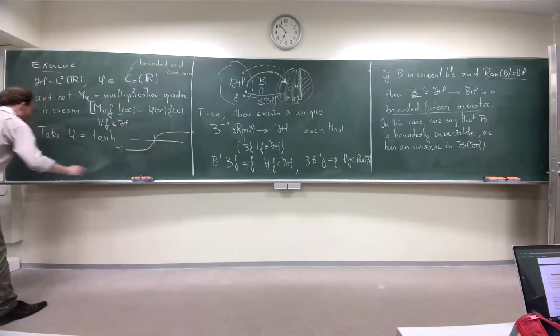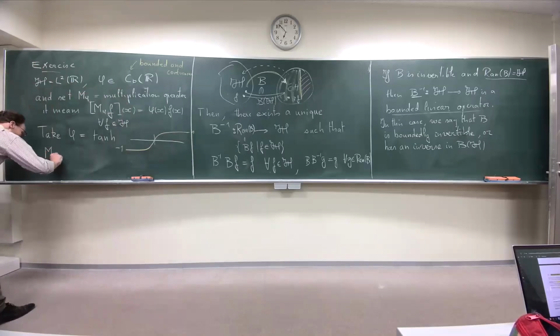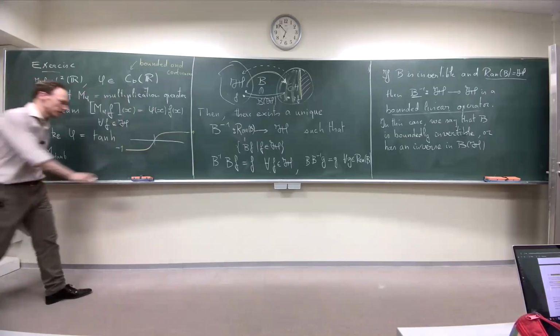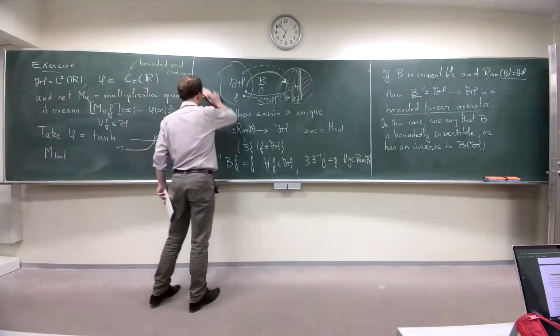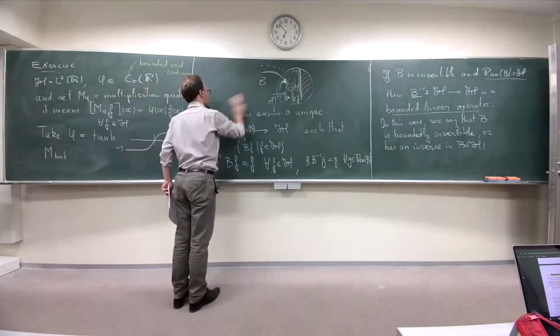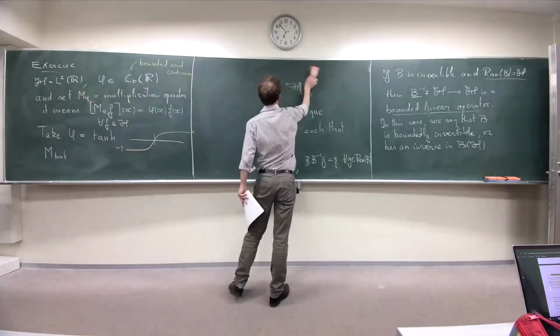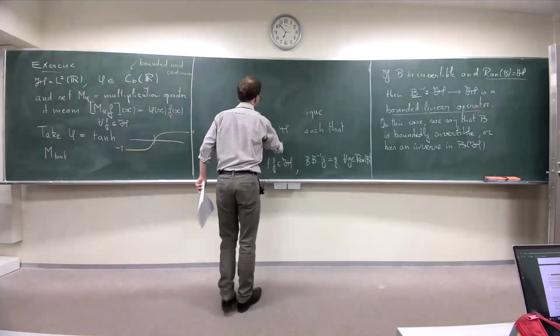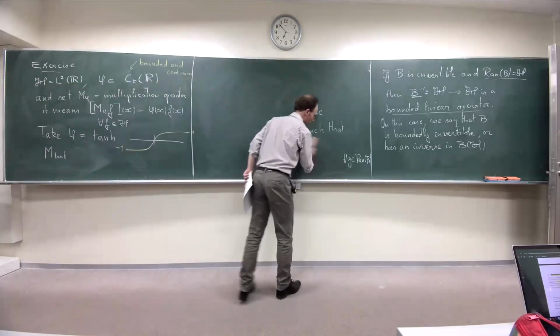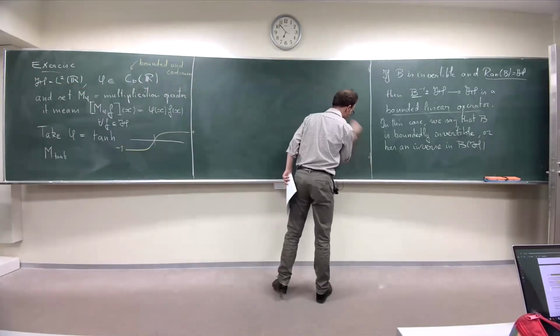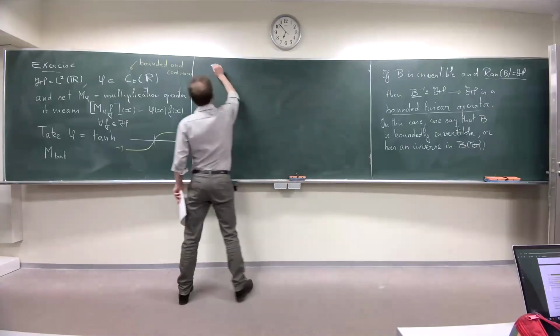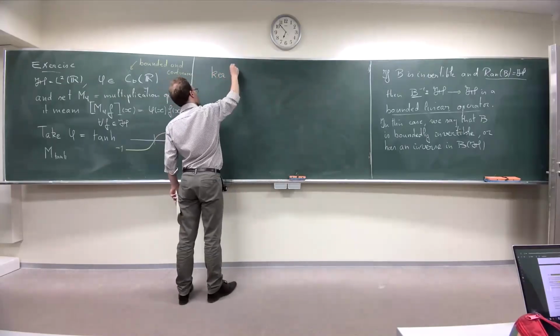So I can define M of hyperbolic tangent. What is the inverse of this operator? Can you guess if it is invertible, and what is the inverse? I will not give you the full answer because it's an exercise, but you can wonder what is the inverse of M phi.